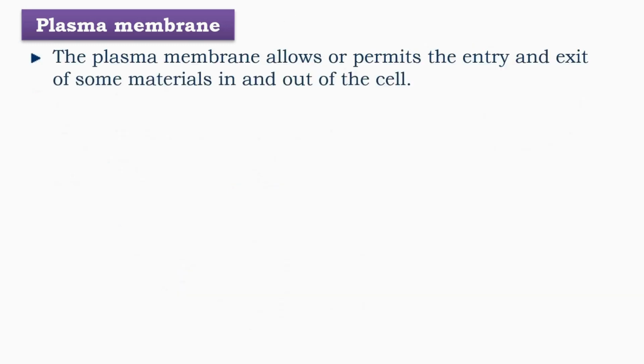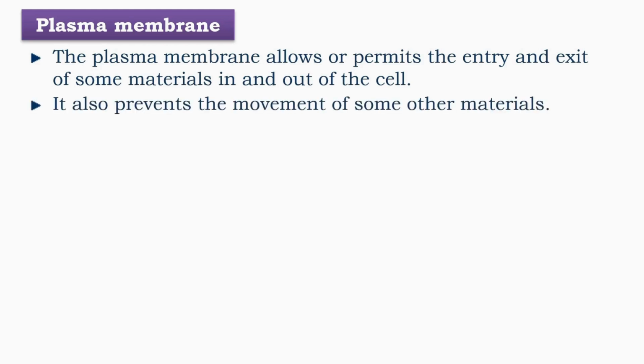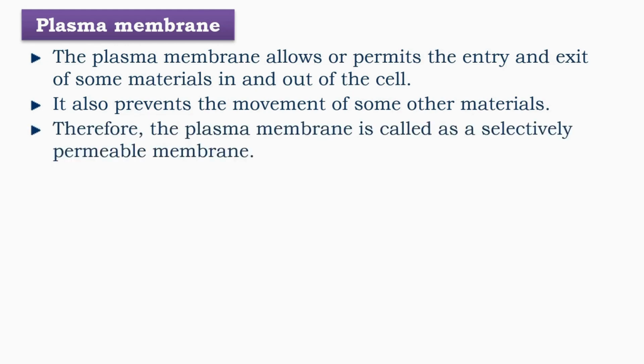The plasma membrane allows the entry and exit of some materials in and out of the cell. It also prevents the movement of some other materials. Therefore, the plasma membrane is called a selectively permeable membrane.